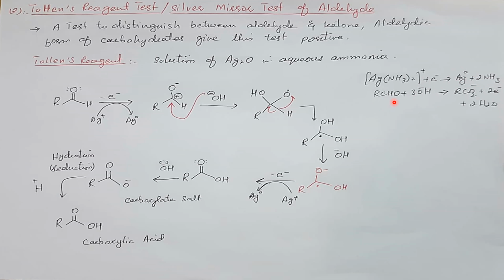So they do oxidize the metal, right? And then they reduce the metal and they oxidize by themselves. So we will see what is happening to the aldehydes there. Here, this is the aldehyde, and there is a removal of an electron from this carbon and oxygen, right?